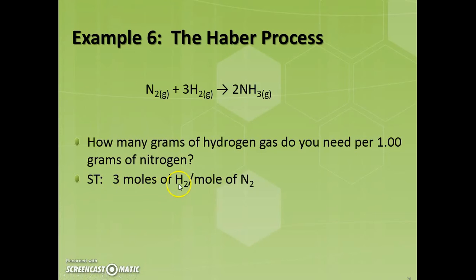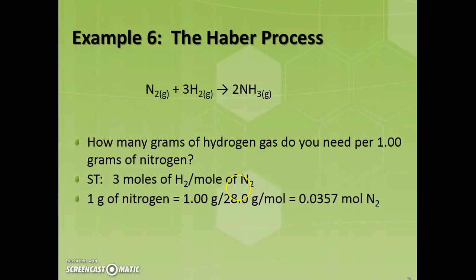And again, the thing we need goes on the top. It asks us for how many grams of hydrogen gas. So we put it on the top, pulling the coefficient from in front of hydrogen. So we need 3 moles of hydrogen for every 1 mole of nitrogen.